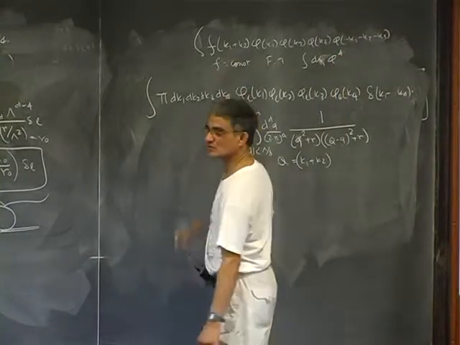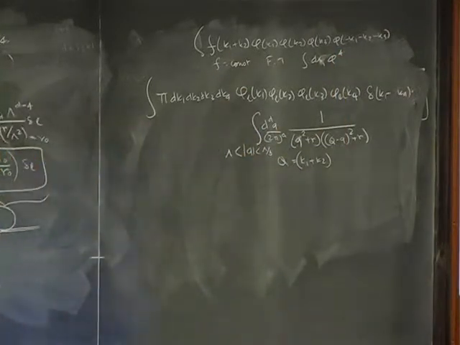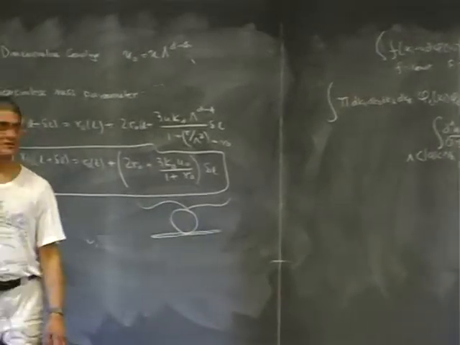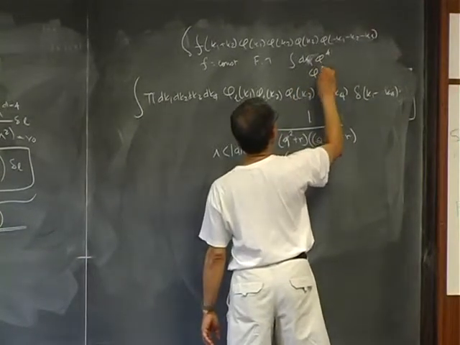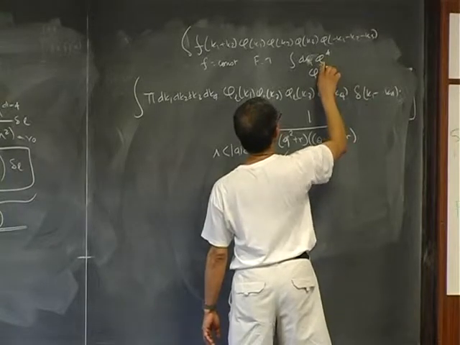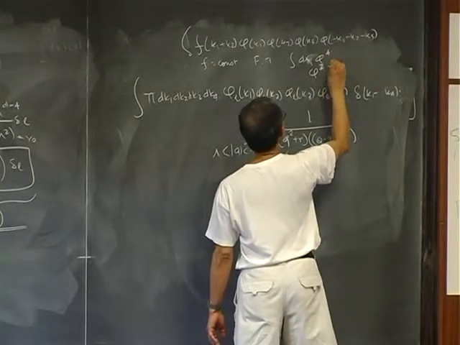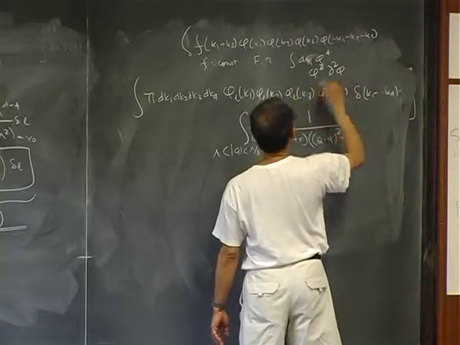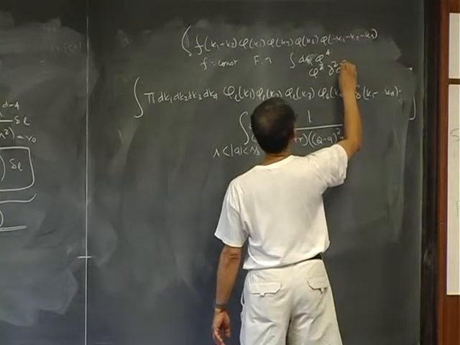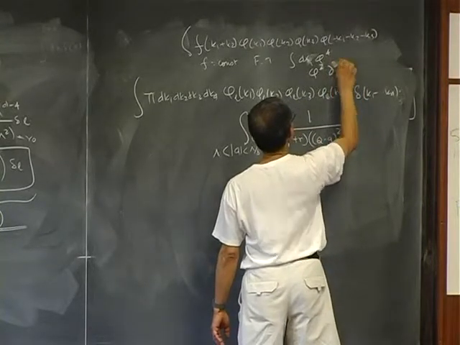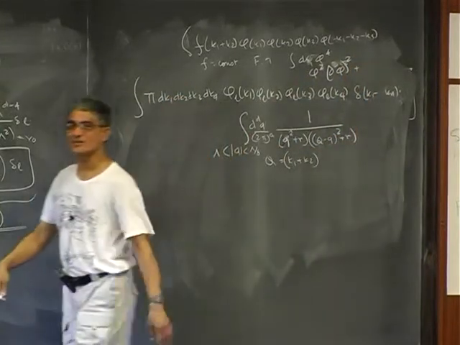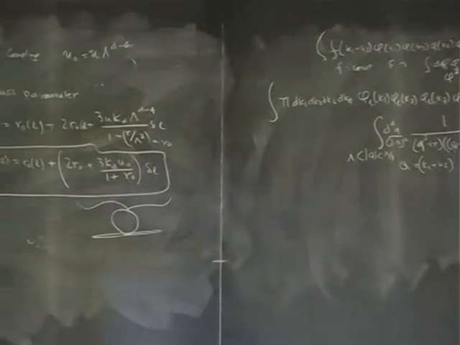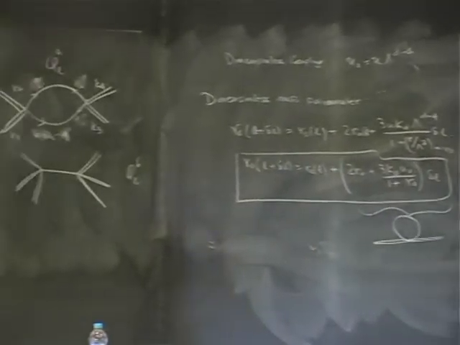If the function is not a constant, I can make a power series expansion in k1 plus k2, and what this gives rise to are terms like phi squared d squared phi, or even d squared of phi squared times d phi whole squared, distributing the derivatives between the two phi's to arbitrary orders.